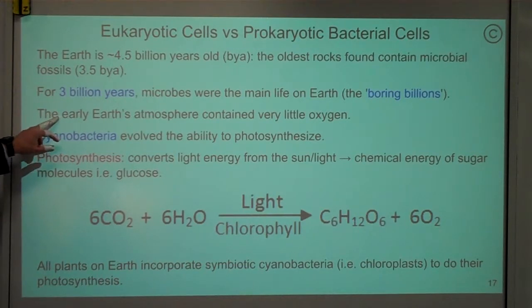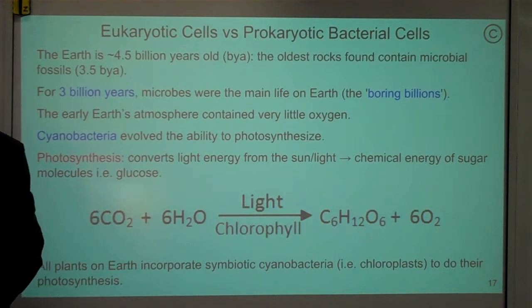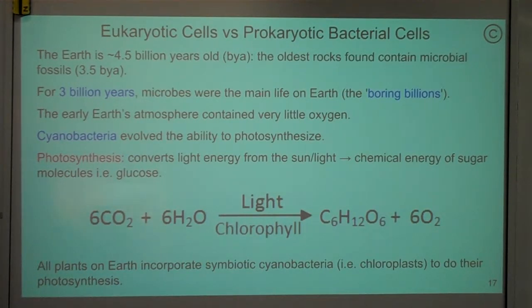This is a bit of background. All plants on Earth incorporate symbiotic cyanobacteria, which are chloroplasts, to do their photosynthesis. So literally, chloroplasts are symbiotic bacteria that live inside plant cells.